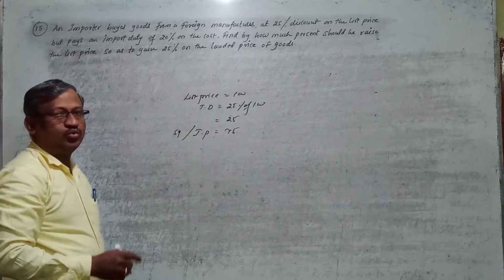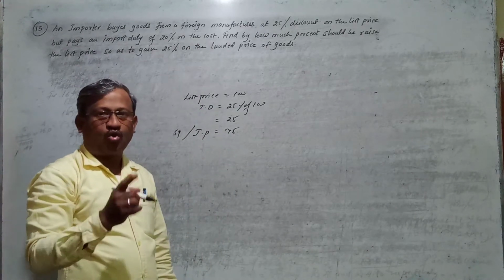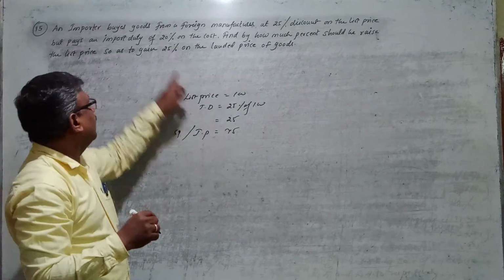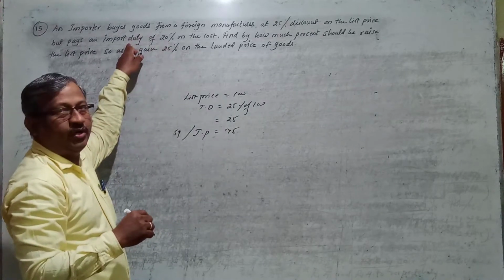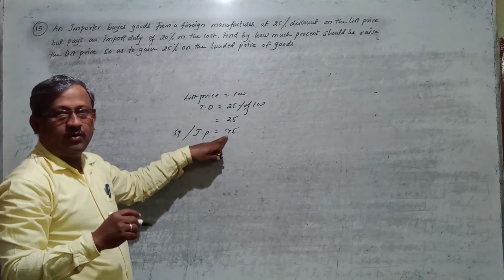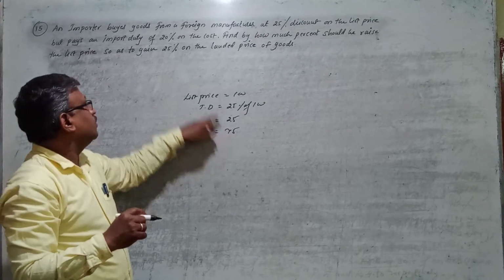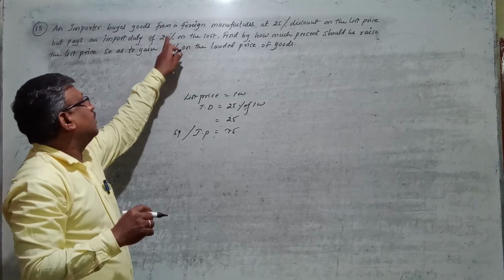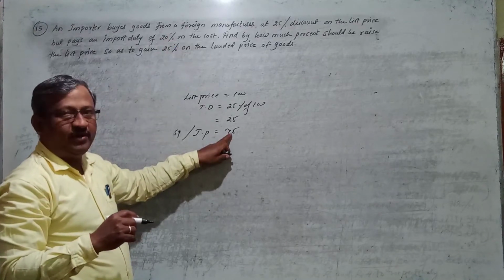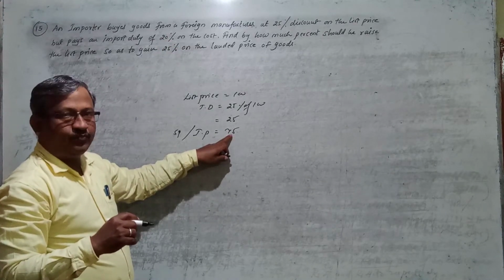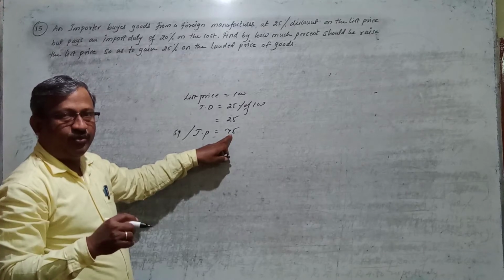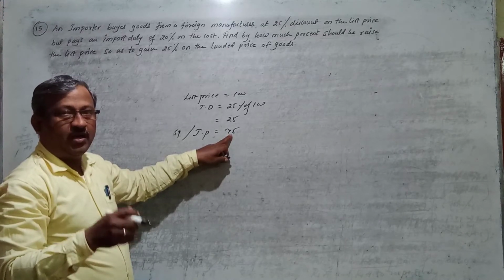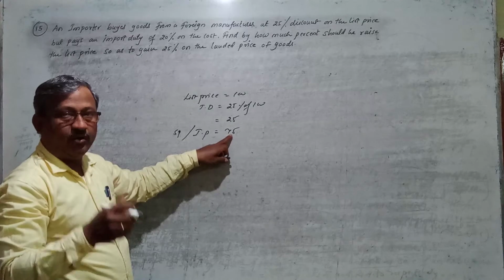Means whatever the goods cost him, on that he has to pay 20% import duty. So what is the cost to the importer? 75. On this he has to pay 20% import duty, right? So that import duty you have to calculate on 75. So add that import duty in 75 rupees.